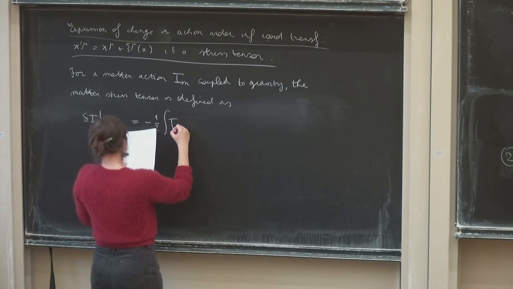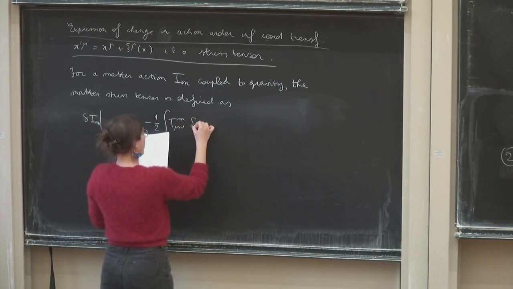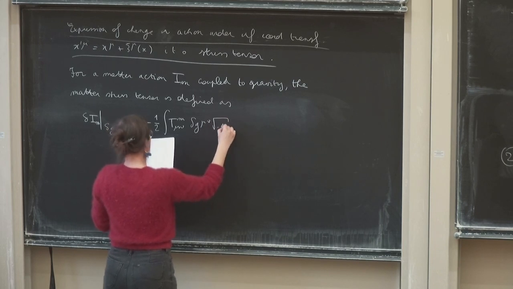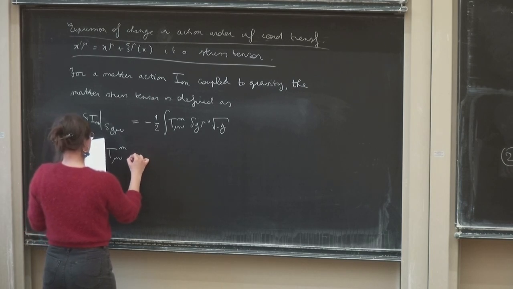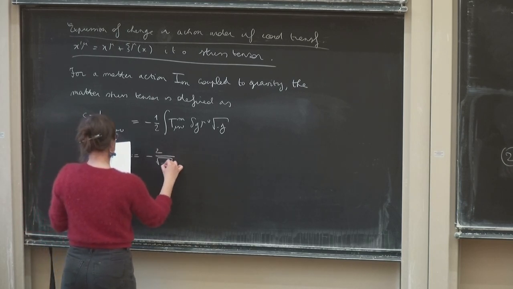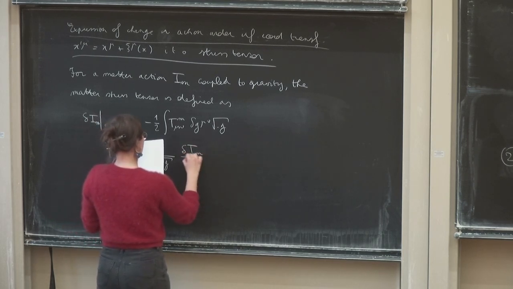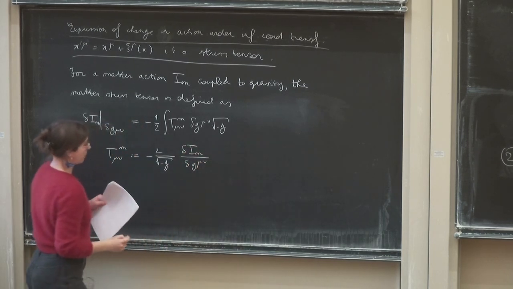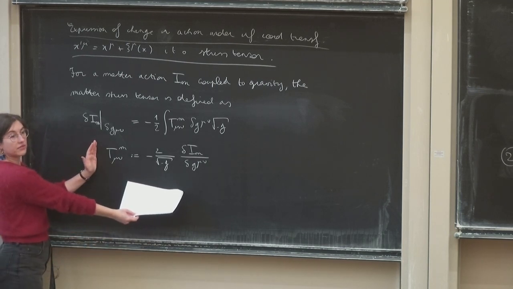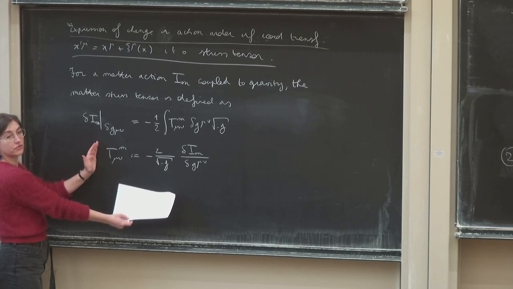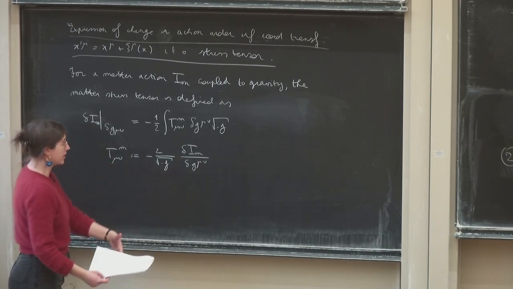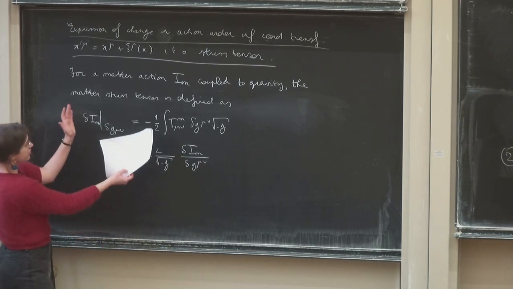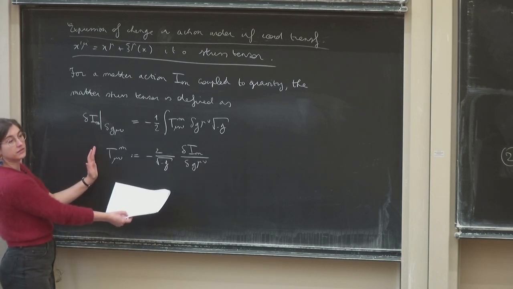So the sign here is important. Okay, so you know that this is a stress tensor definition in GR for the matter section of your theory. So you get it from the differentiation of your matter action with respect to the metric. So the first line is just a rewriting of the second line, right?